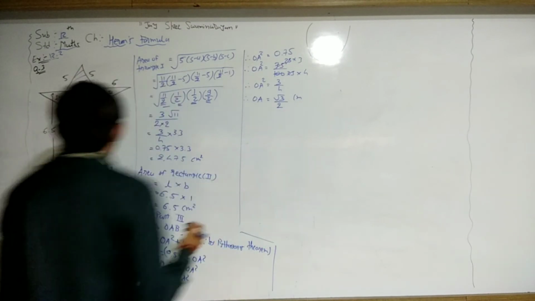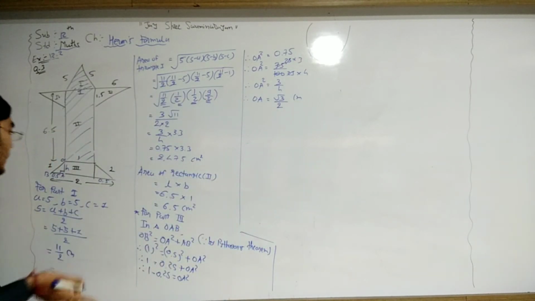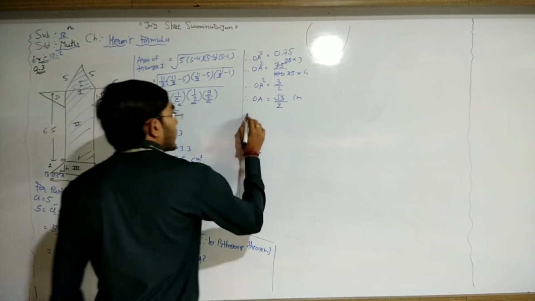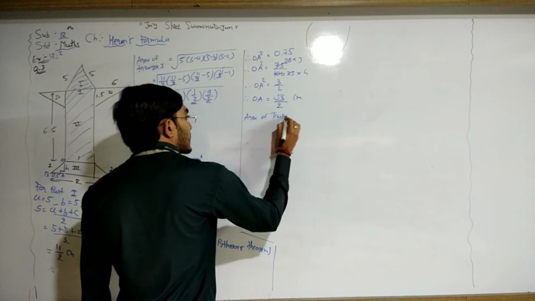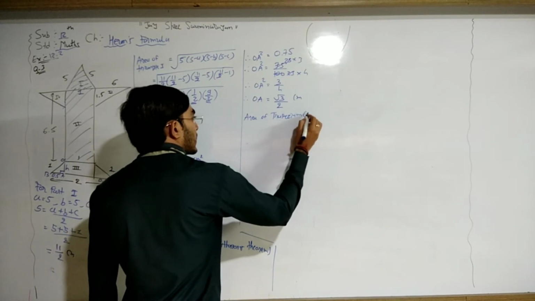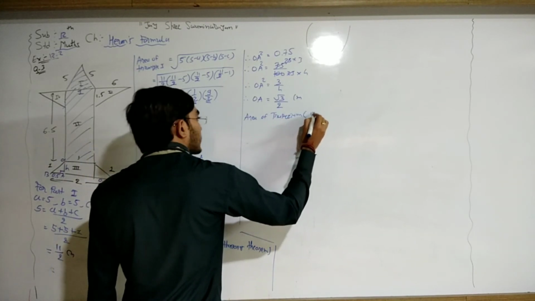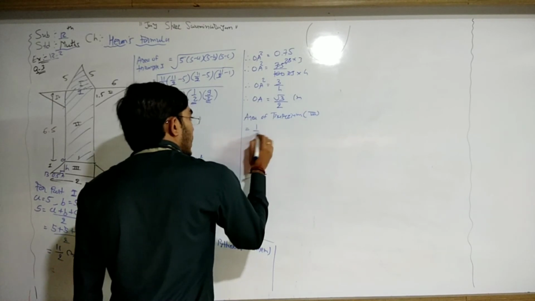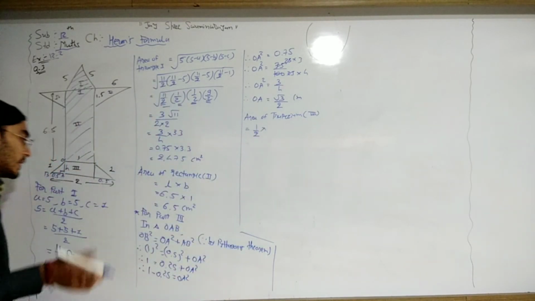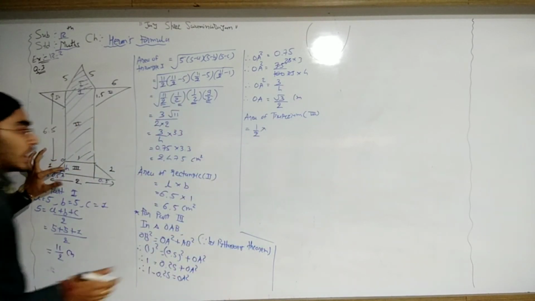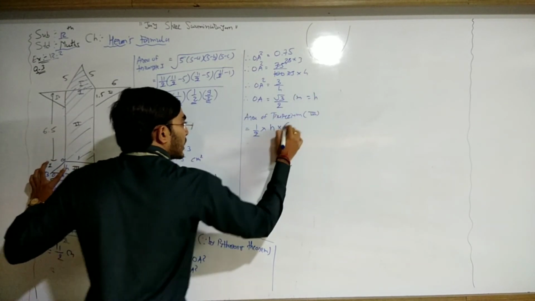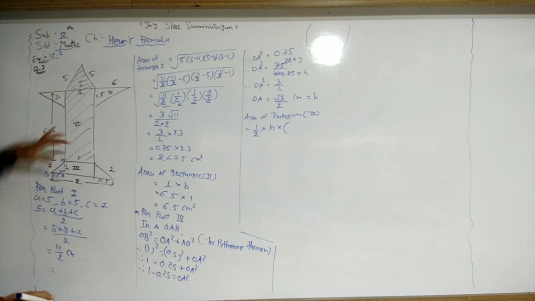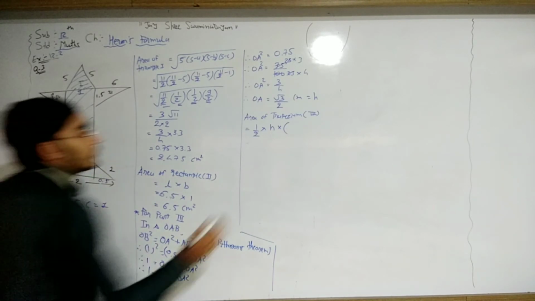Now we need to find the area of this trapezium. Area of the trapezium, that means part 3, is half into height, that means OA, this is your H, multiplied by the sum of the parallel sides, 1 plus 2.